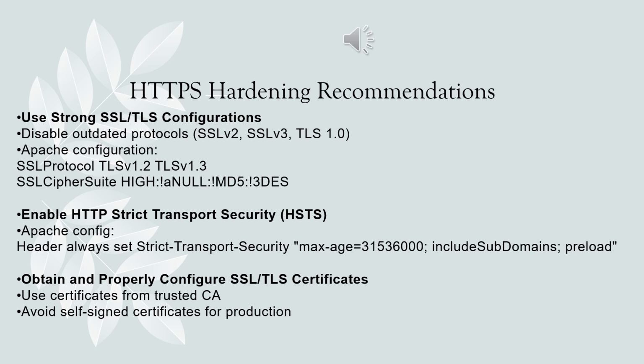The configuration for this would be Header always set Strict-Transport-Security, by using this code right here. And then also to obtain and properly configure the SSL/TLS certificates. This also uses certificates from a trusted CA and avoids self-signed certificates for production.